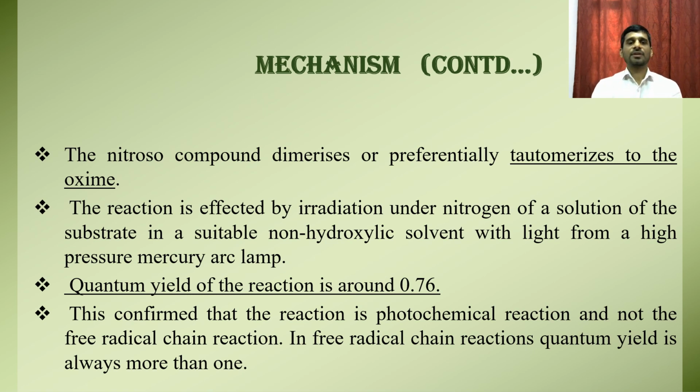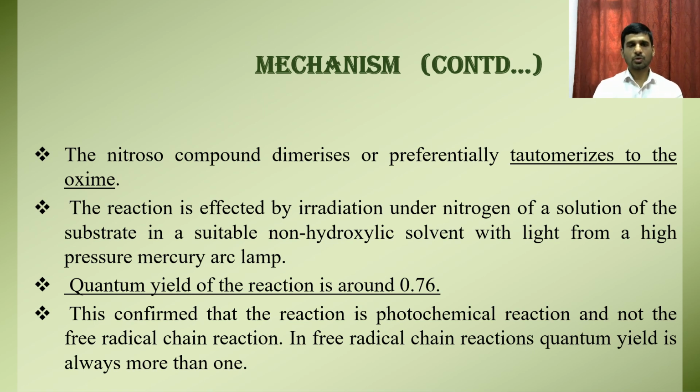Okay, now the quantum yield of the reaction is around 0.76. Why is this fact significant? What is quantum yield? Quantum yield or quantum efficiency is the ratio of the output of product as compared to the number of photons which are absorbed by the reactant molecule.